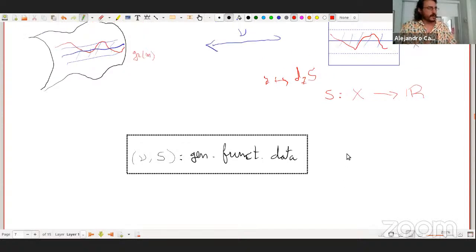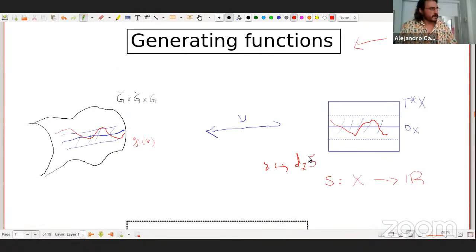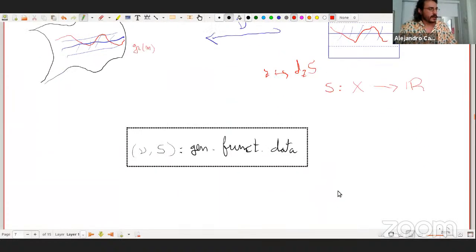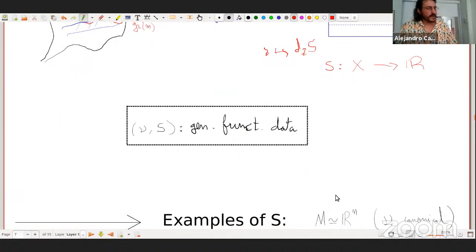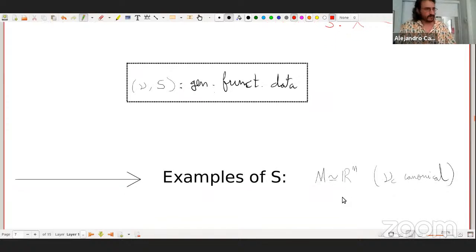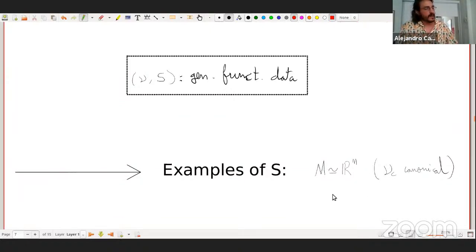This is a very general kind of notion. Let me show you the type of functions that appear in this way. For that, I come back to our coordinate special case. In this coordinate manifold, there is a particular reference frame that you can use that I call the canonical frame.